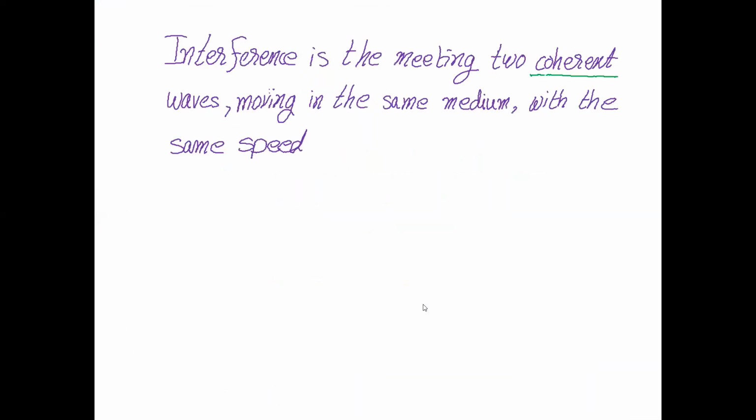Interference. What is interference? Interference is the meeting of two coherent waves moving in the same medium with the same speed.